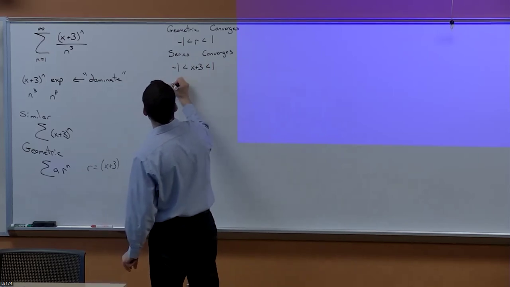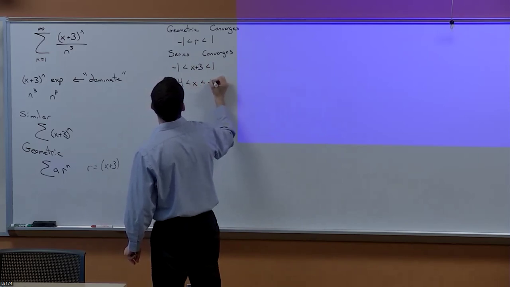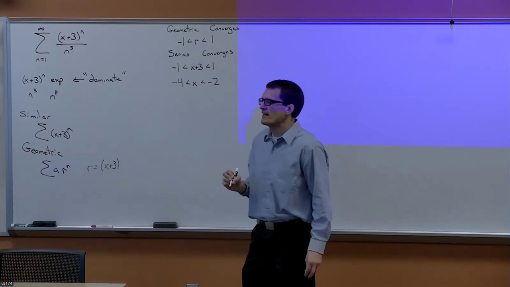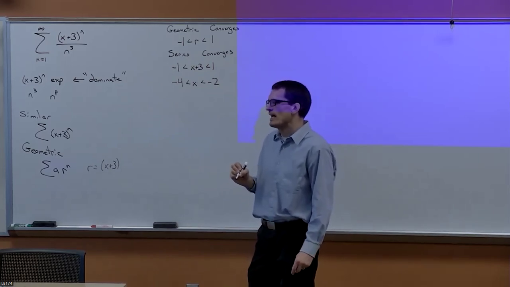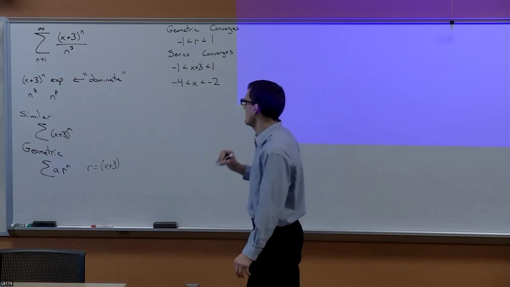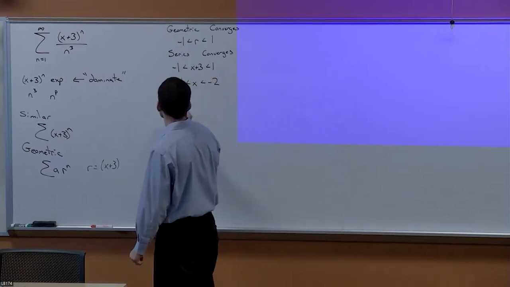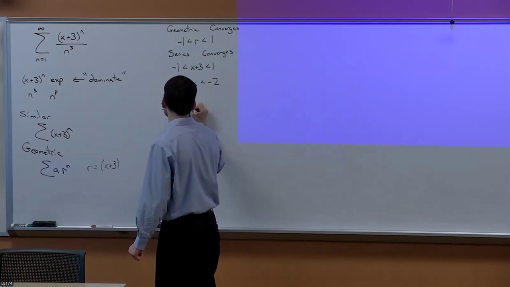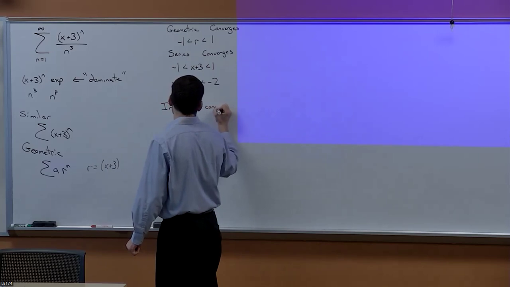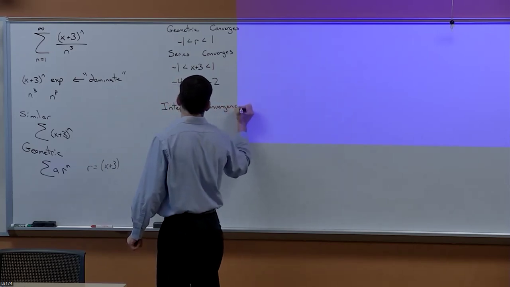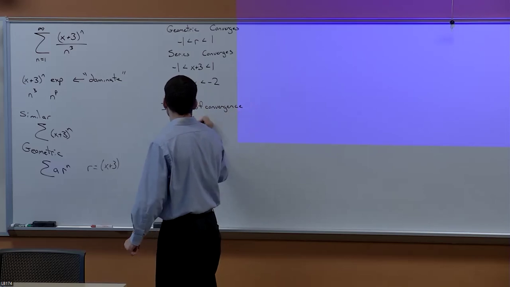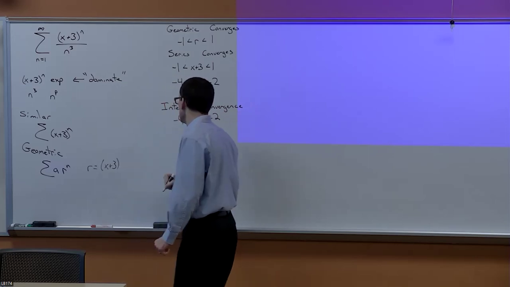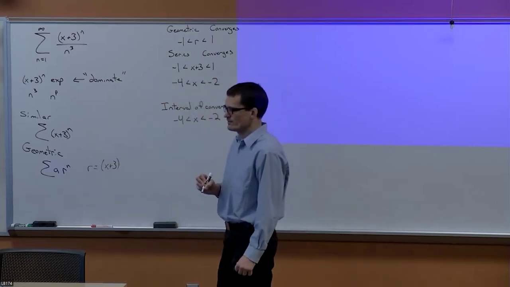Subtracting 3 from all sides says that my series converges when x is between -4 and -2. That's what we call the interval of convergence. It converges between -4 and -2.